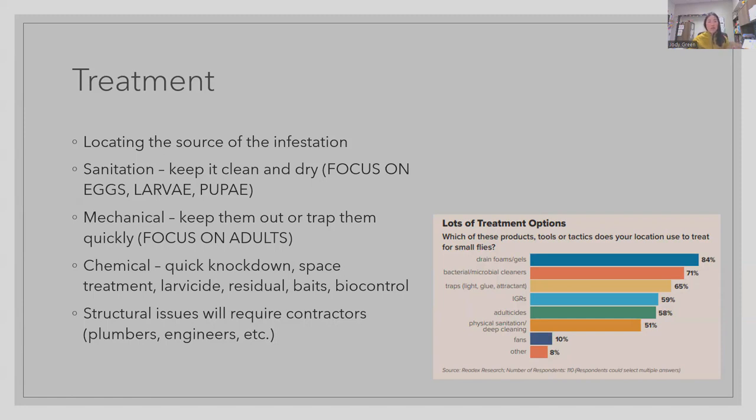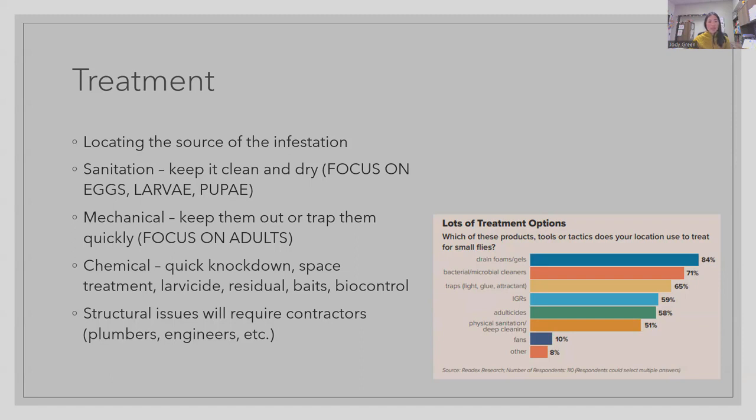There are many different chemical products that are very effective, that can offer anything from quick knockdown to space to biocontrol, residual baits. And it's all going to depend on where that problem is and where you're treating. It's going to be different at a dumpster location outside than it is going to be in a kitchen in a hospital, right? So you're going to have to focus your attention and use all the things in your toolbox that make sense in that situation.